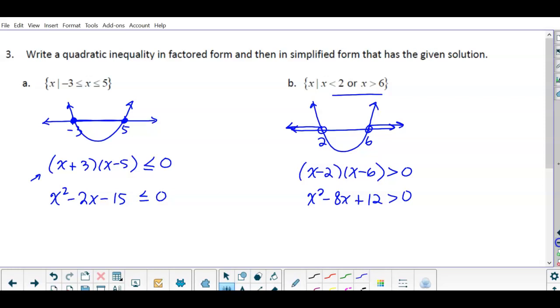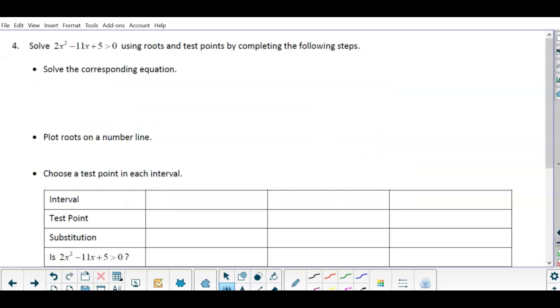All right. Next one is using test points. So solve that quadratic using roots and test points by completing the following steps. These are the steps to do it in this method. When you get to calculus, you'll need to do this not just for quadratics, for a lot of them, and you won't have a calculator, so you won't be able to graph it.